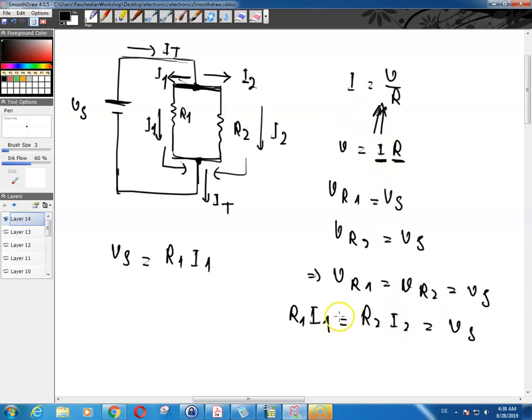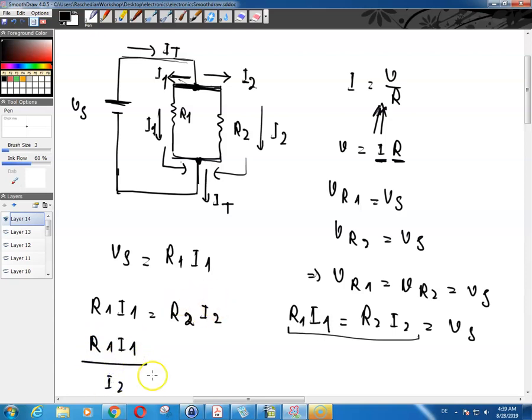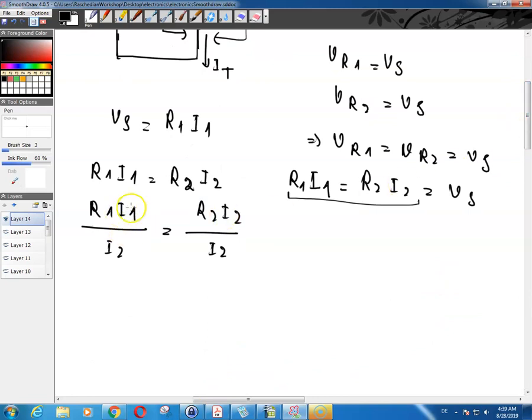So I can rearrange this relationship as well, and for example divide by I2. For example, over here I have R1 I1 is the same thing as R2 I2, and so if I divide by I2, I will get R1 I1 divided by I2 is equal to R2 I2 divided by I2, and that means that I2 and I2 cancel out.